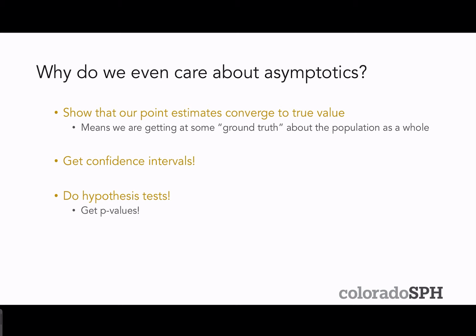In particular, asymptotics show us that our point estimates, our MLEs, actually are converging to the true value as sample size gets larger. They also allow you to get confidence intervals around those estimators, and allow you to do hypothesis tests and get p-values as well.